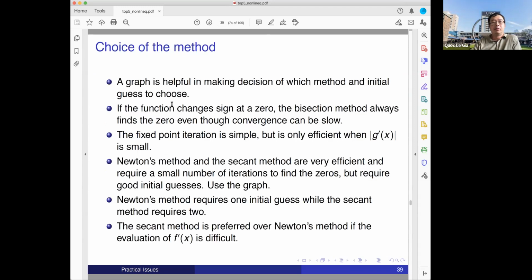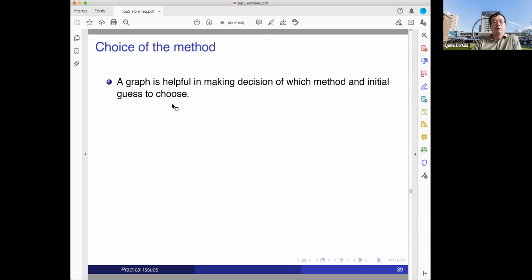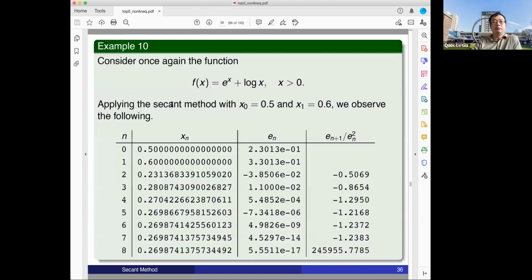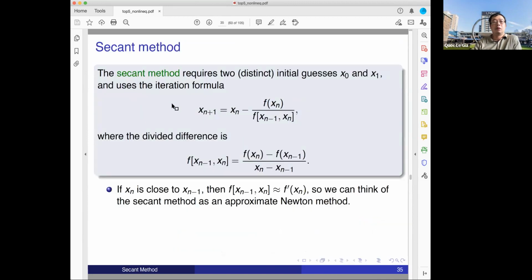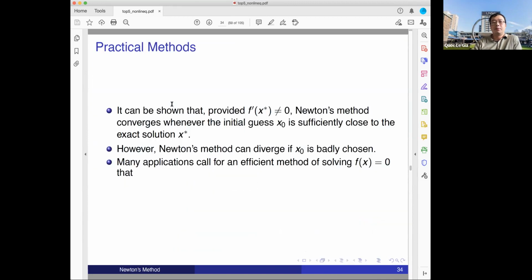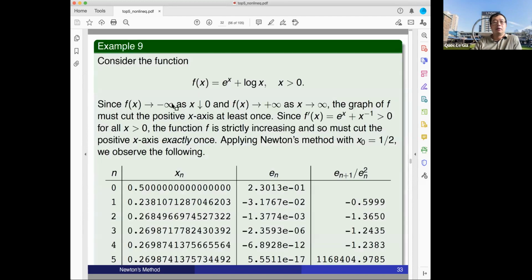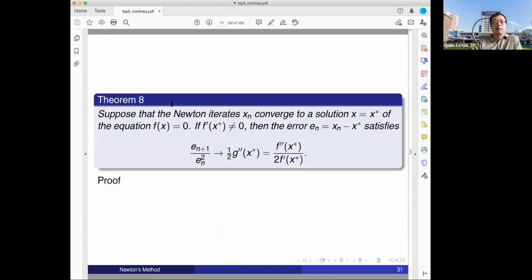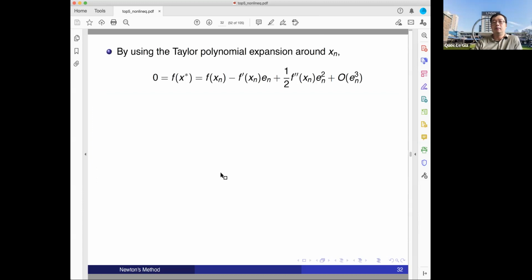The theorem just shows you that e_{n+1} over e_n squared, see, remember there's a square here. The power here is the order of convergence. And this one is order 2.